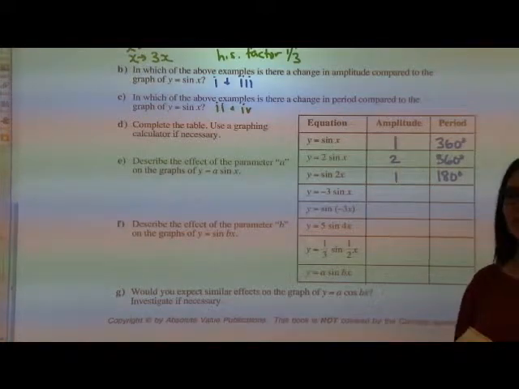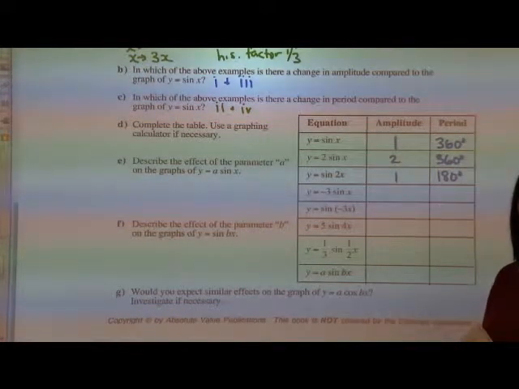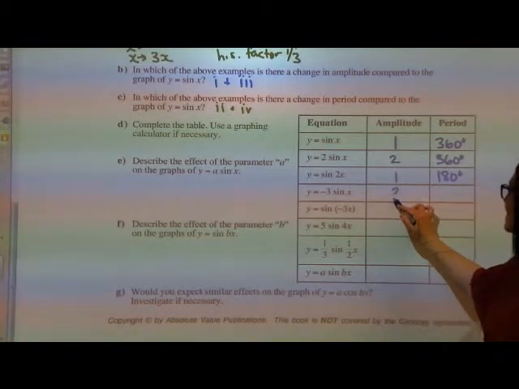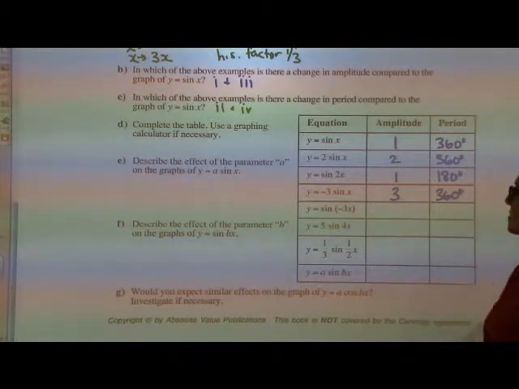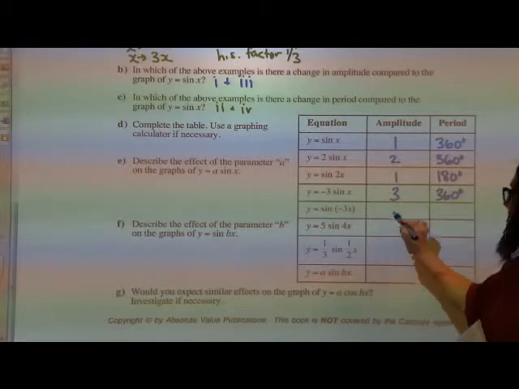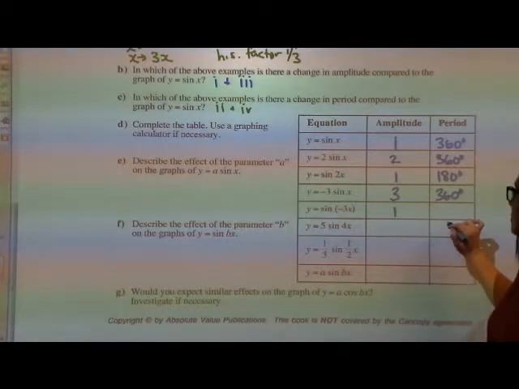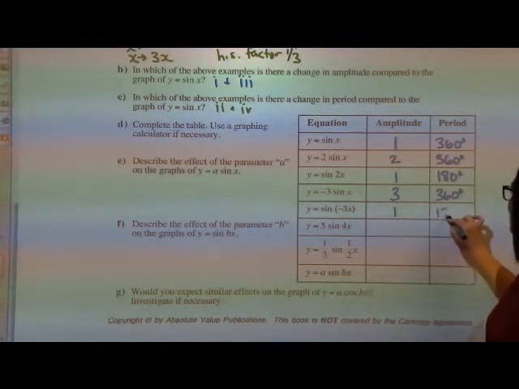What about negative 3 sine x? The amplitude was 3. Period? 360 degrees. What about sine negative 3x? Amplitude was 1. The period was 120 degrees.